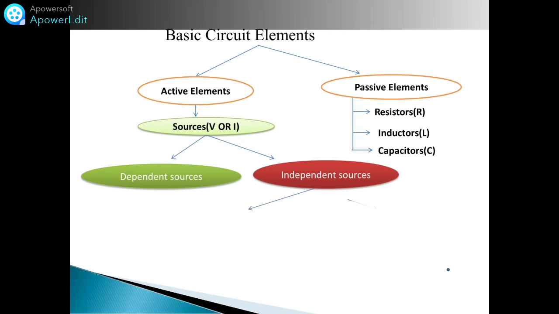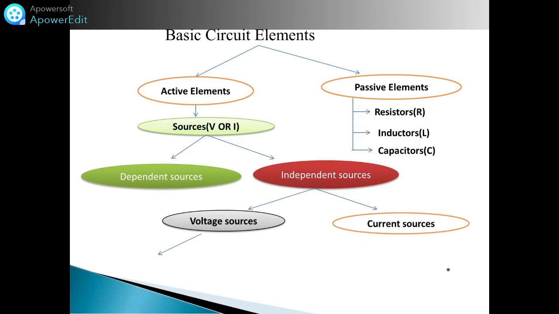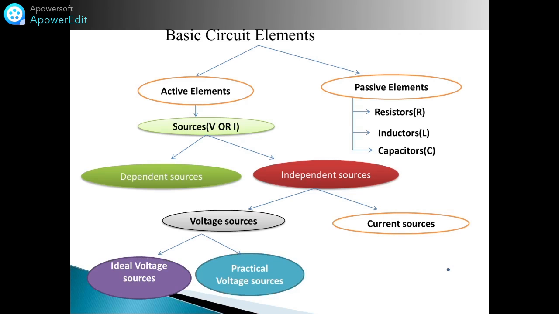In independent sources also, there are two more classifications. First one is voltage sources, second one is current sources. In voltage sources, there are two further classifications: ideal voltage sources and practical voltage sources. In current sources also, there are two further classifications.